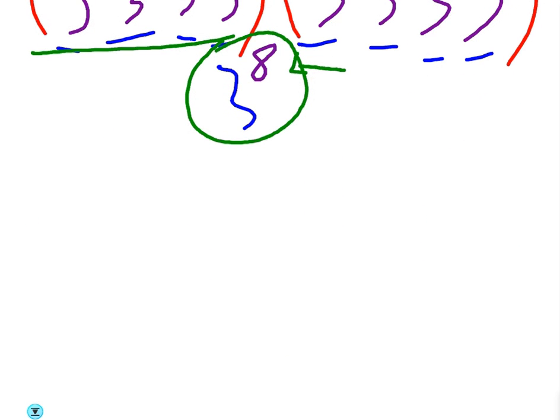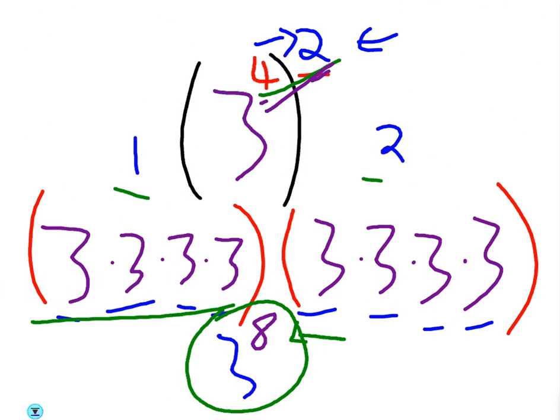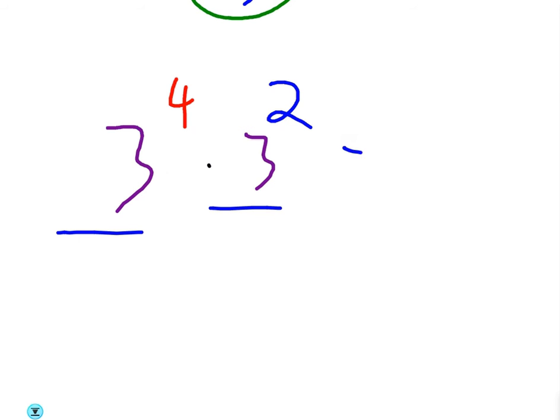Now the difference between the two rules is if I had 3 to the 4th times 3 squared, that is not a power raised to a power. We are multiplying like bases, and you can distinguish the difference. Here we have a power to a power, and here we're multiplying like bases.